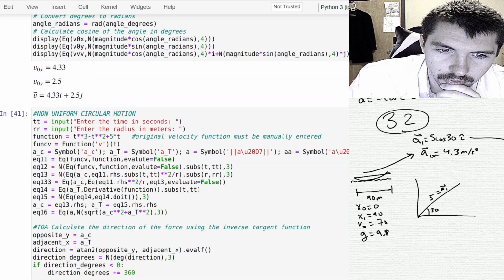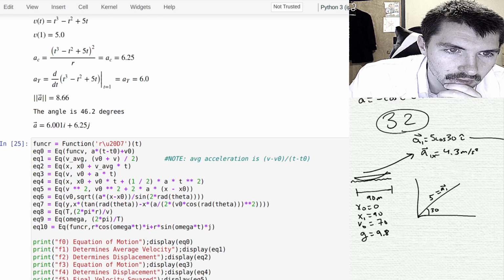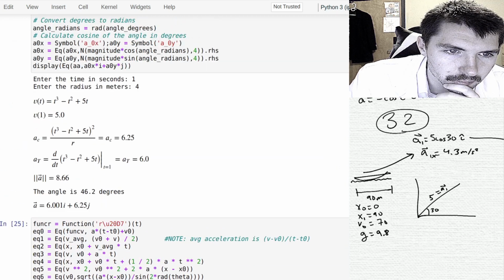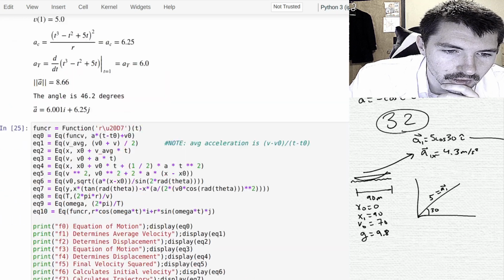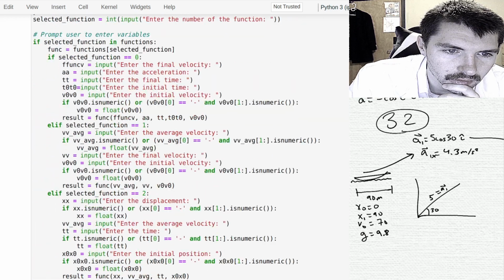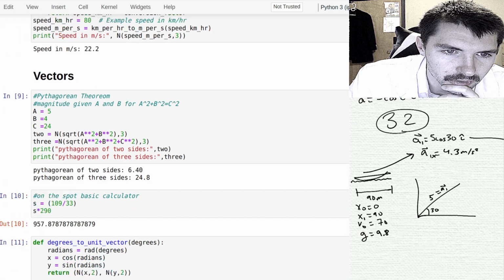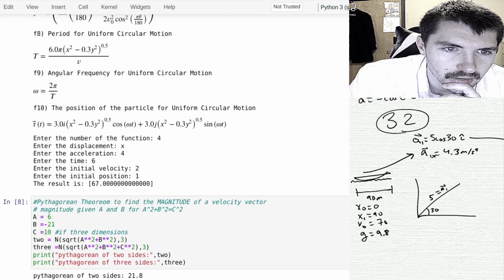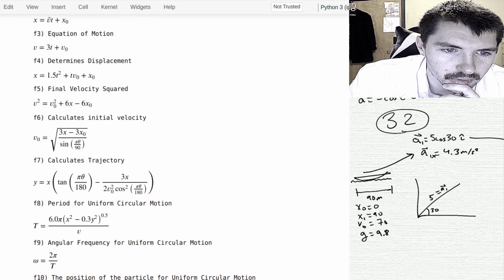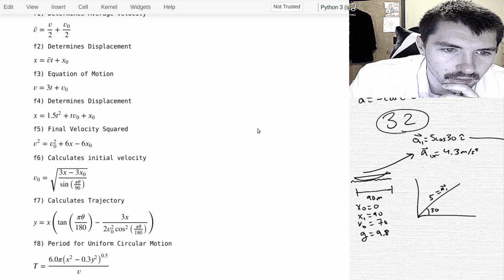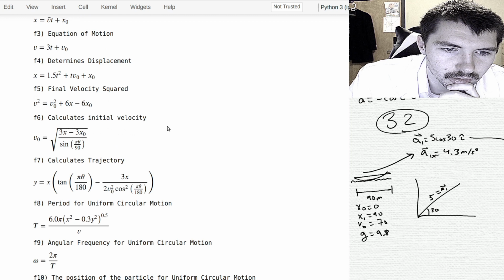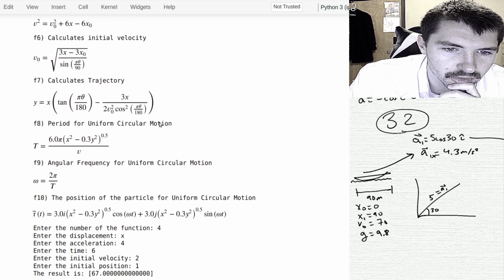I think we use one of our old equations of motion. Probably one with two accelerations.